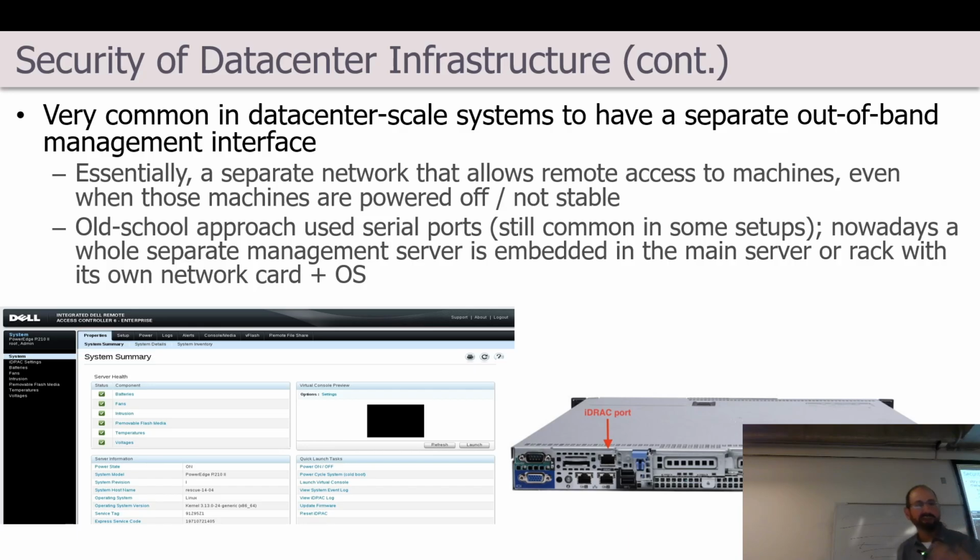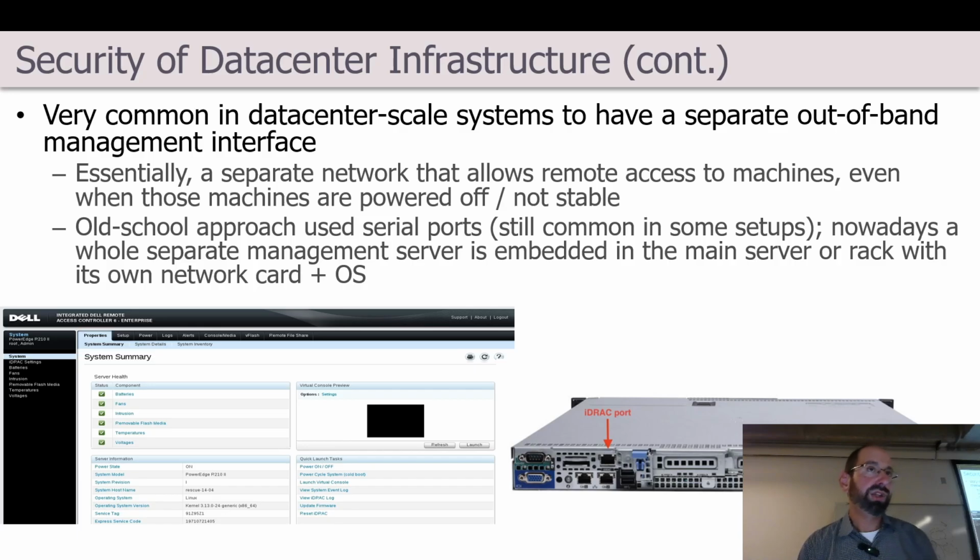That is a whole separate operating system. That is a whole separate management server that's directly embedded either in the server itself, or some are rack level, others are room level management servers. It's a whole separate network card, whole separate operating system, a whole separate physical computer and machine embedded directly in that server.